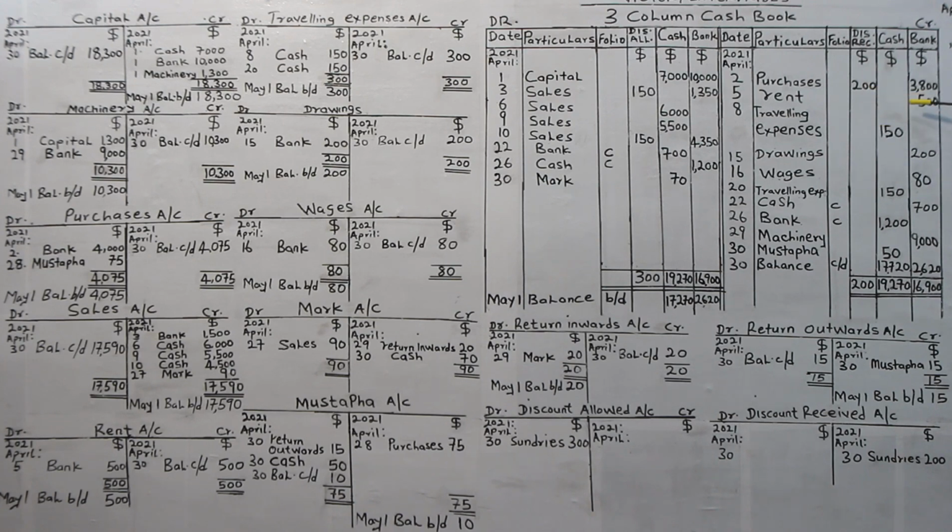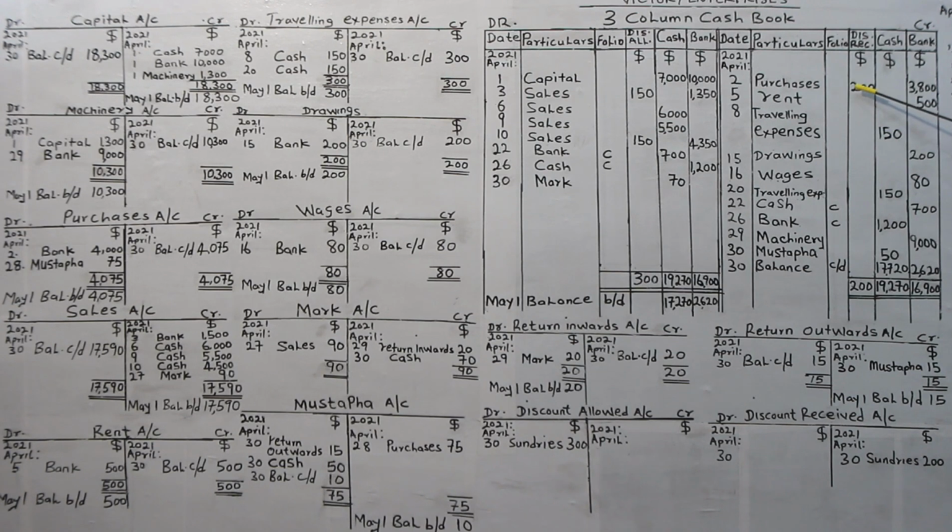Now, it should be noted that if you go to the purchases account, the purchases account has been debited with $4,000, which is a collection of $3,800 plus $200. That represented the total amount of goods that was actually purchased. However, when the cash was being paid for the goods purchased, it was only $3,800 that was paid.